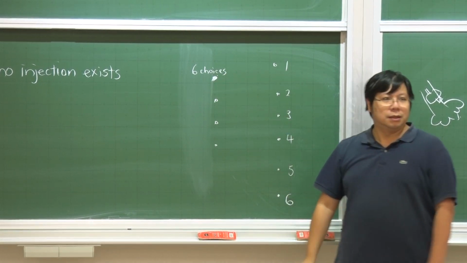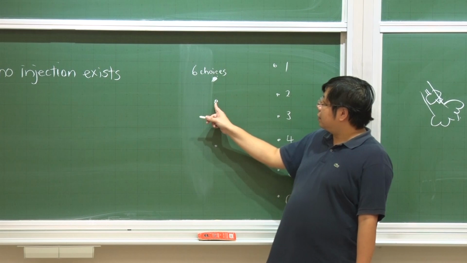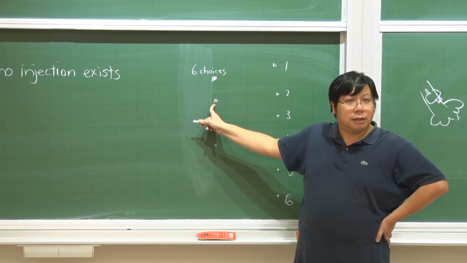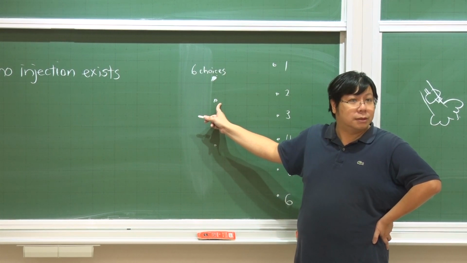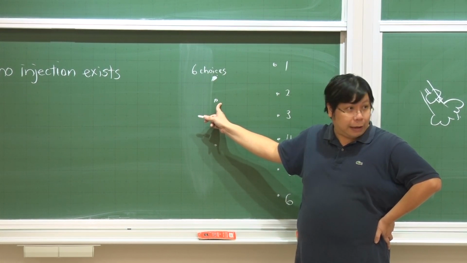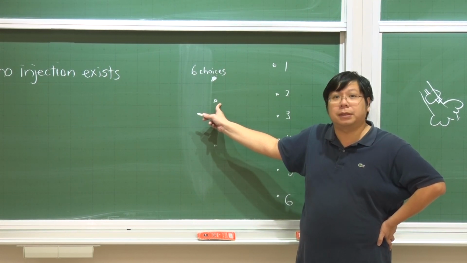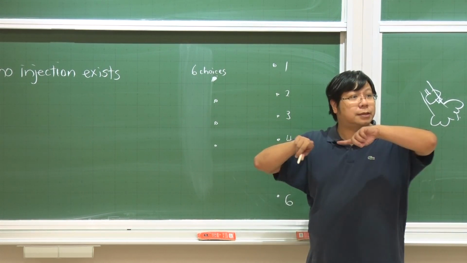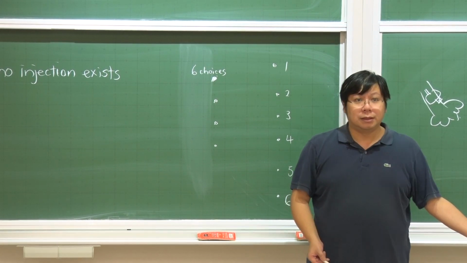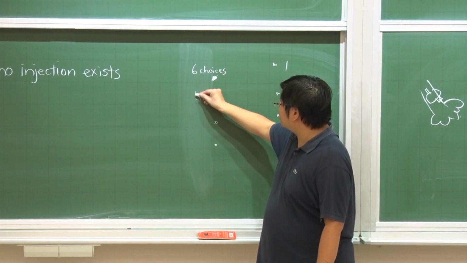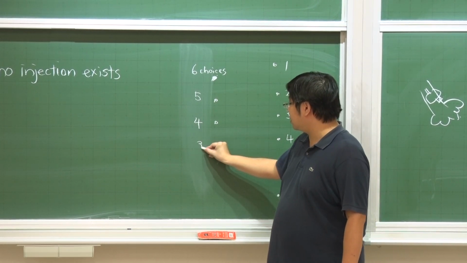This one can choose 1, 2, 3, 4, 5. But if this one has already chosen, how many remaining choices does the next one have? 5. You don't have 6 choices anymore, because it is an injection. You have to choose something that is not chosen before. So there are now 5 choices here, 4 choices here, and 3 choices here.